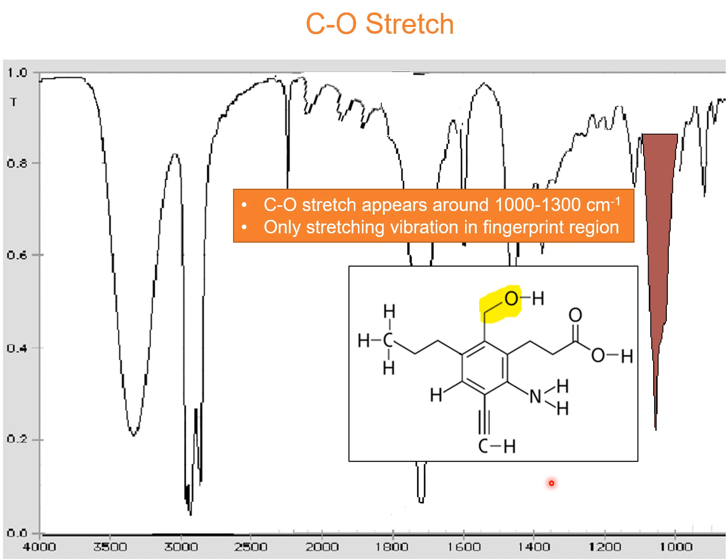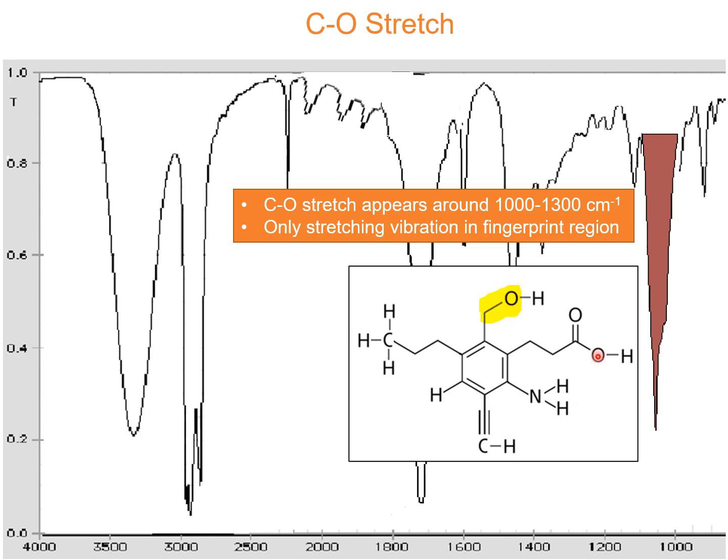This is the only prominent peak observed for C single bond O. It has good intensity and it can vary from 1000 to 1300. So any value, say 1050 or 1200, 1150, will indicate there is a carbon which is bonded to an oxygen with a single bond.